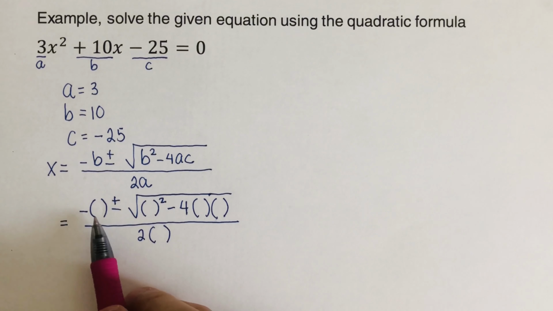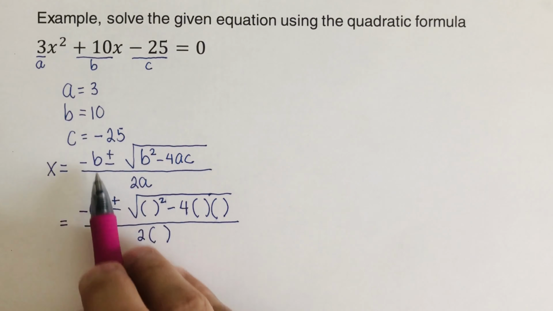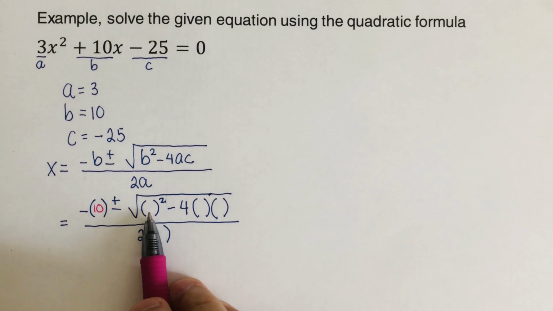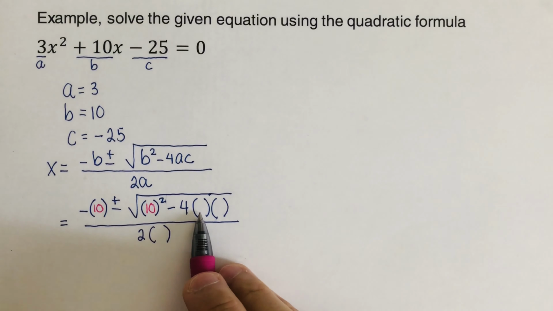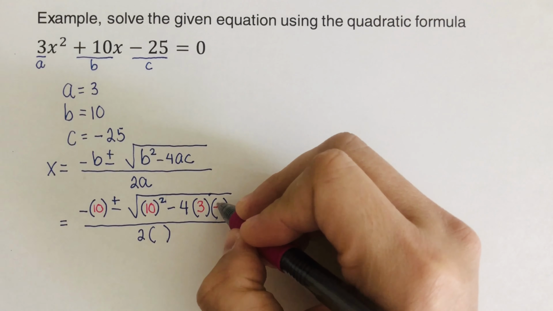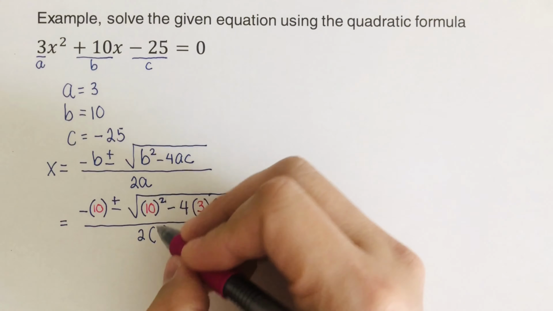The next thing we're going to do is put values into these parentheses by looking at this. So we got the b, so this should be 10. And then this one right here, b is another 10. And then the a here is 3. And then the c is negative 25. And then the a right here is 3.